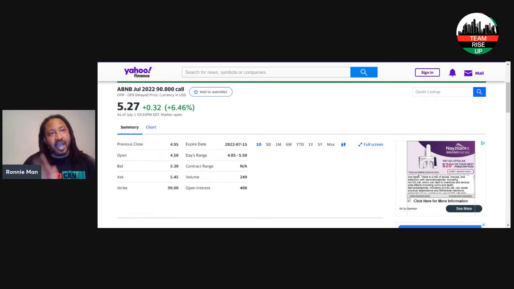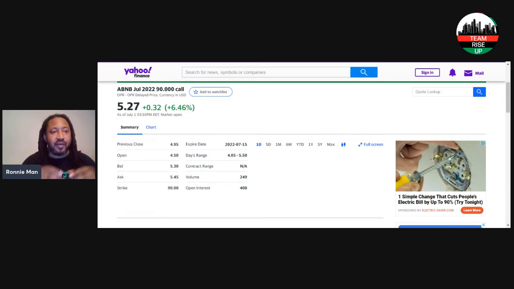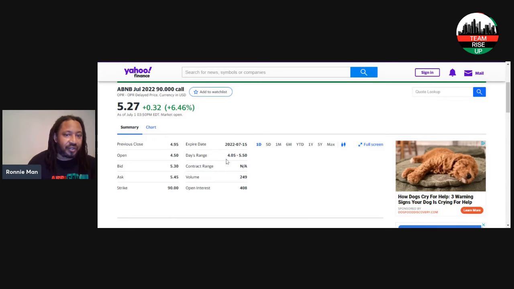And then I do another one where I track my entry. Where did I enter? That can help you out a lot, because let's say I entered that particular day and I paid $5.00 for the contract. Well, the open price let me know that I didn't get too good of an entry if it only ranged as high as 5.50, went as low as 4.05, and opened at 4.50.